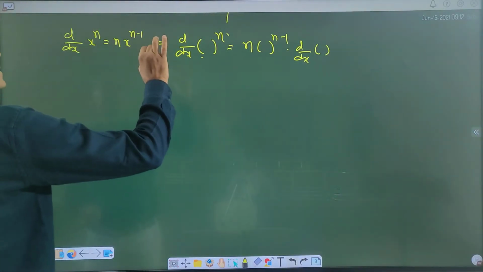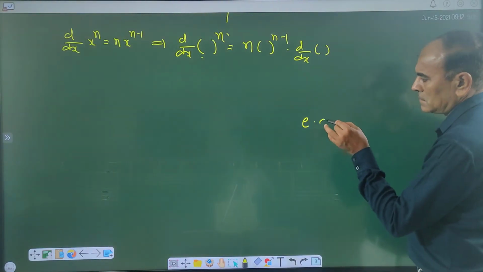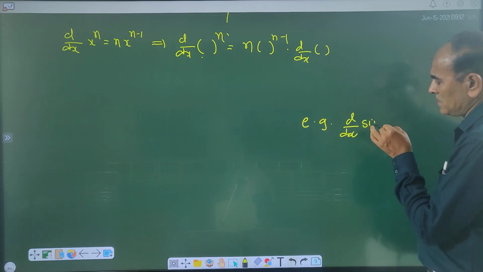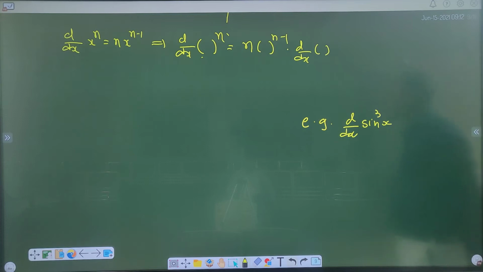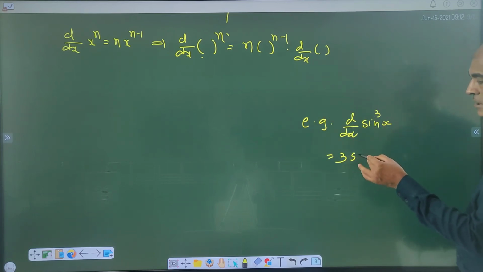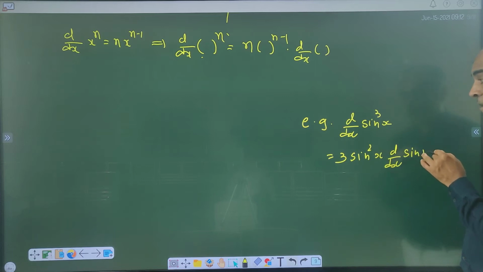See, let us consider one example. d by dx of sin cube x, if we wish to find it. So first of all, the derivative of the cube power, x cube. According to this form, that is 3 times sin raised to 3 minus 1, that is sin square x into d by dx of sin x.